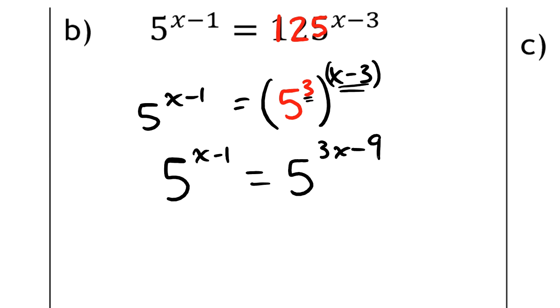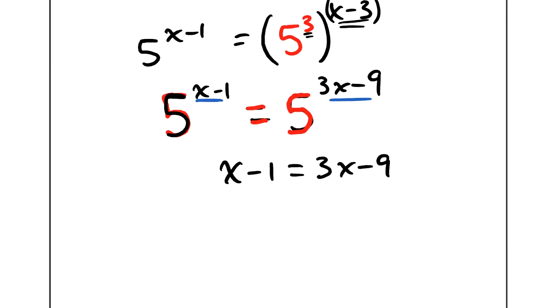You see what I've done there. Now, the beauty is that the only way these can be equal, with these bases of 5, is if their exponents are equal. So I'm looking inside the exponents and saying x minus 1 has to be the same thing as 3x minus 9 if these are indeed truly equal.